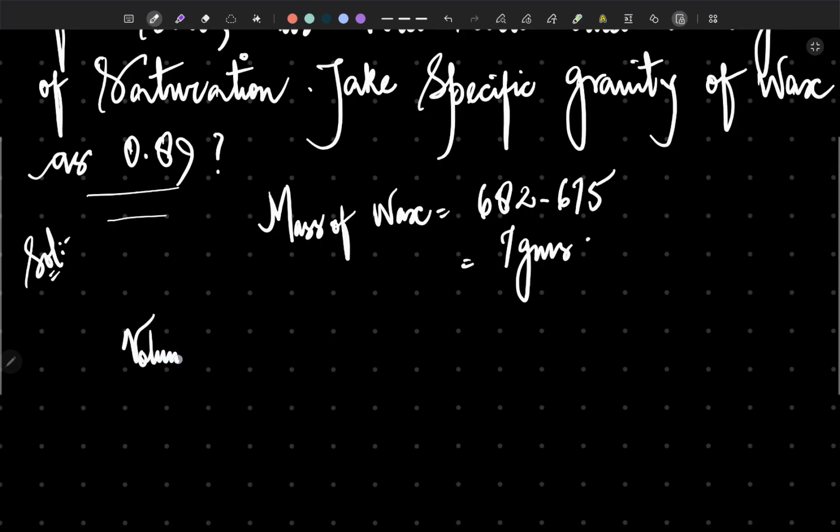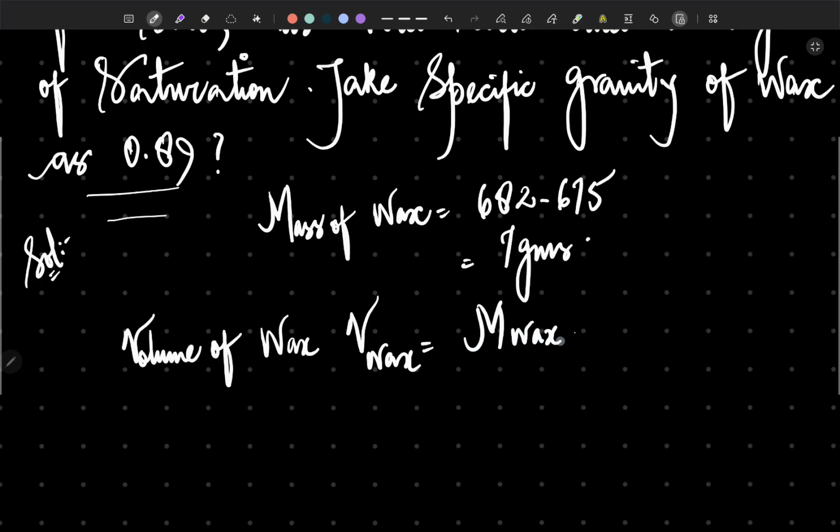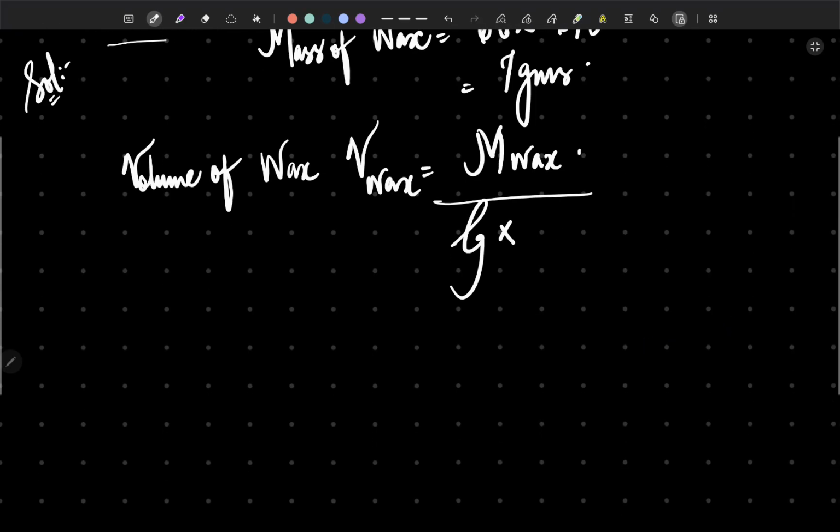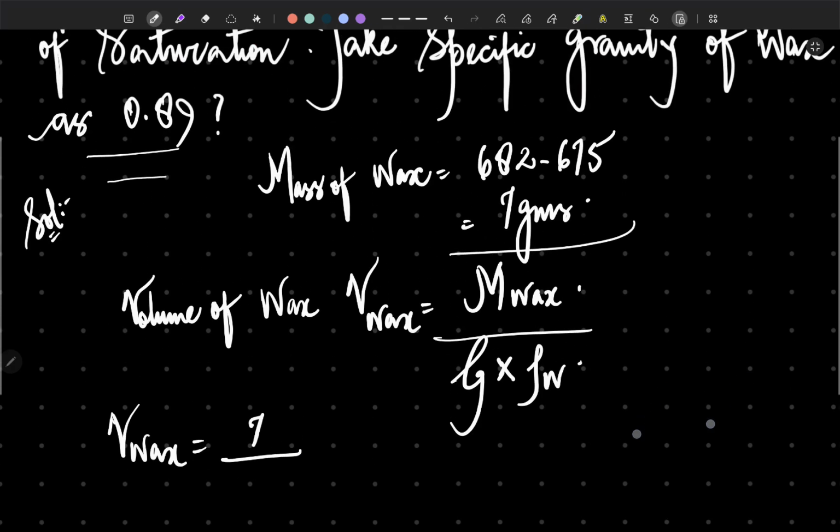Volume of wax, let me denote it by V wax. This is the mass of wax divided by the specific gravity of wax multiplied by the density of water. The mass of wax is 7 grams, divided by the specific gravity of wax.